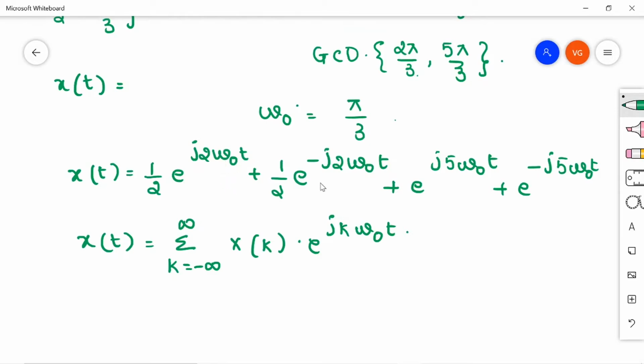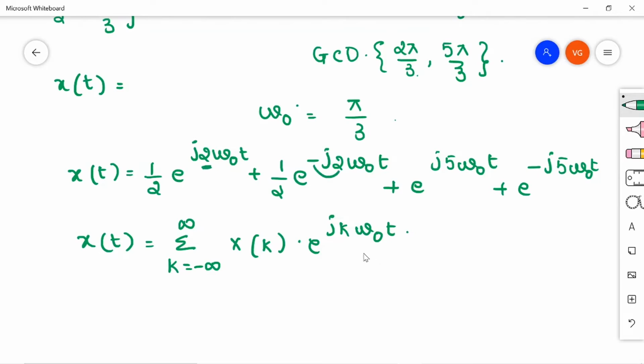Each term is representing j k omega naught t and k is varying here. So upon comparing, in place of k I have 2 here.